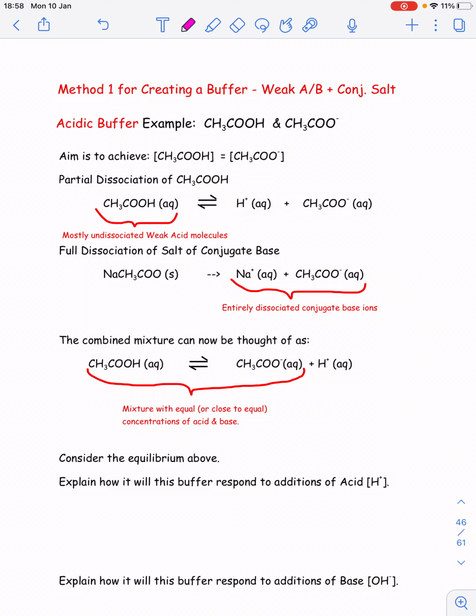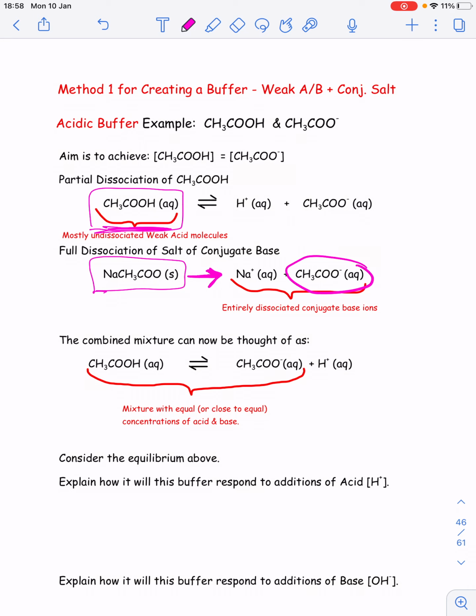Well, a salt that's really soluble in water is sodium ethanoate. So you have this weak acid, which only partially dissociates, and so is mostly weak acid. You take this salt, sodium ethanoate, which is really soluble, so it fully dissociates and gives you lots of these ions, and then you just combine those two things.